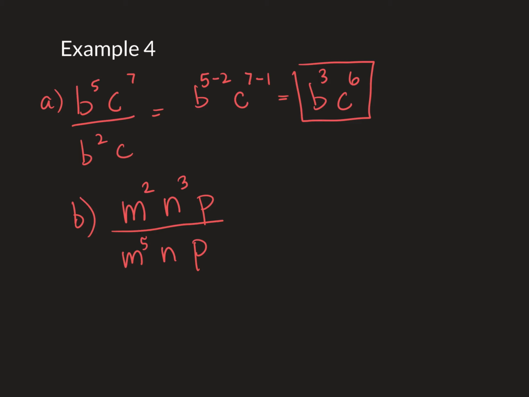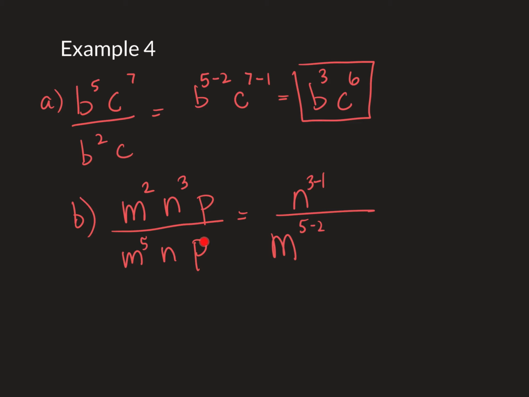So it's going to stay there. I'm going to subtract from there, m to the 5 minus 2. Where is my n exponent the largest? And that's in the numerator, so it's going to stay there. N to the 3 minus 1.